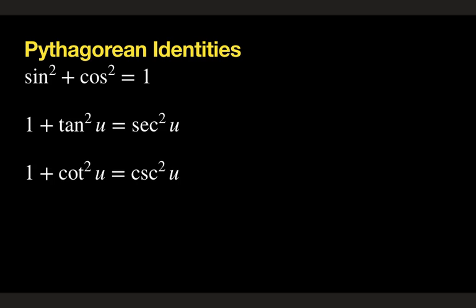Again, we can rewrite the second one as tangent square u is equal to secant square u minus 1, because the only thing you do there is subtract 1 on both sides.